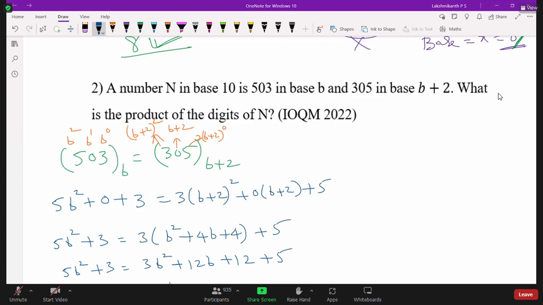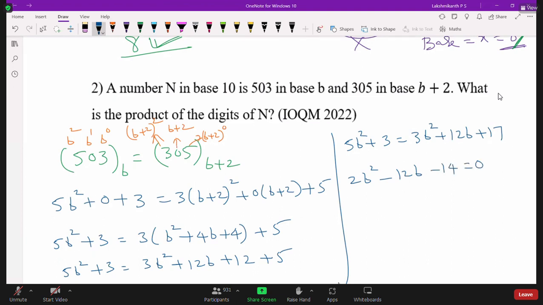So now let us simplify this. 5b square plus 3 is equal to 3b square plus 12b plus 17. Now 5b square minus 3b square, 2b square minus 12b. So 3 minus 17, so minus 14 is equal to 0.